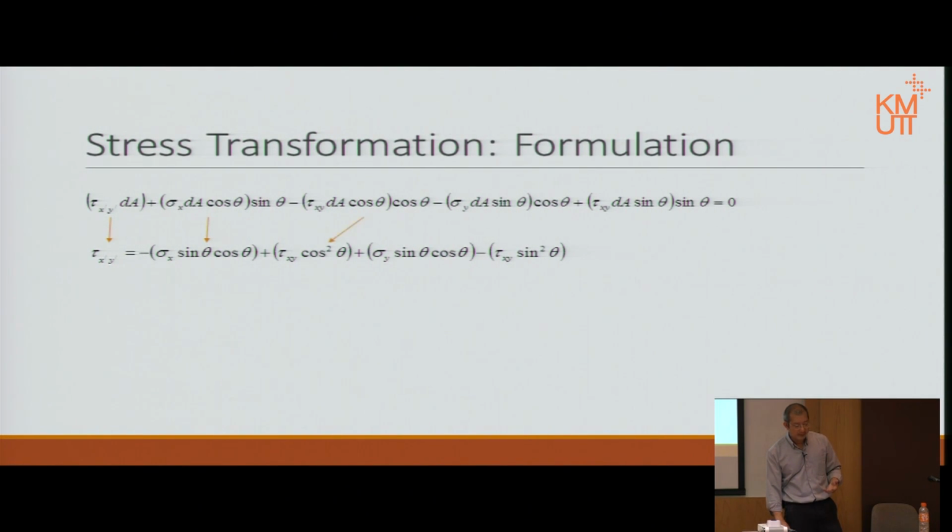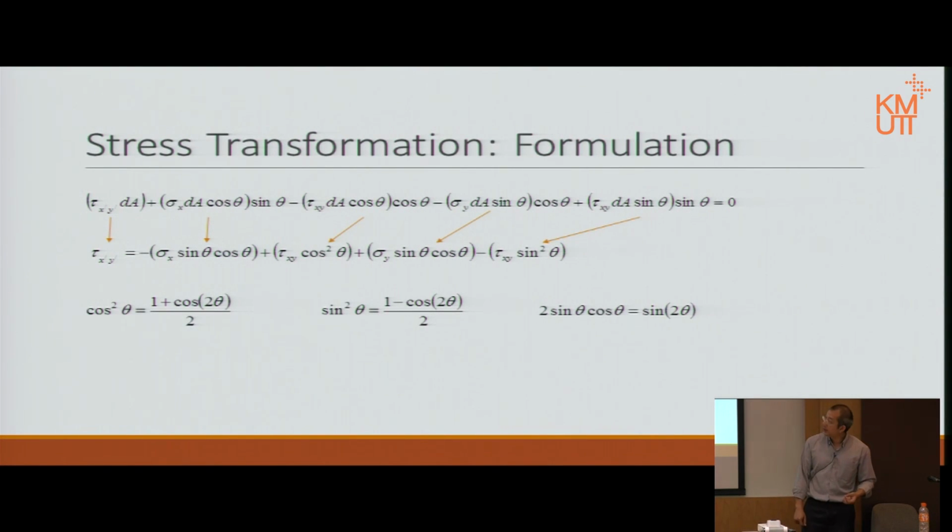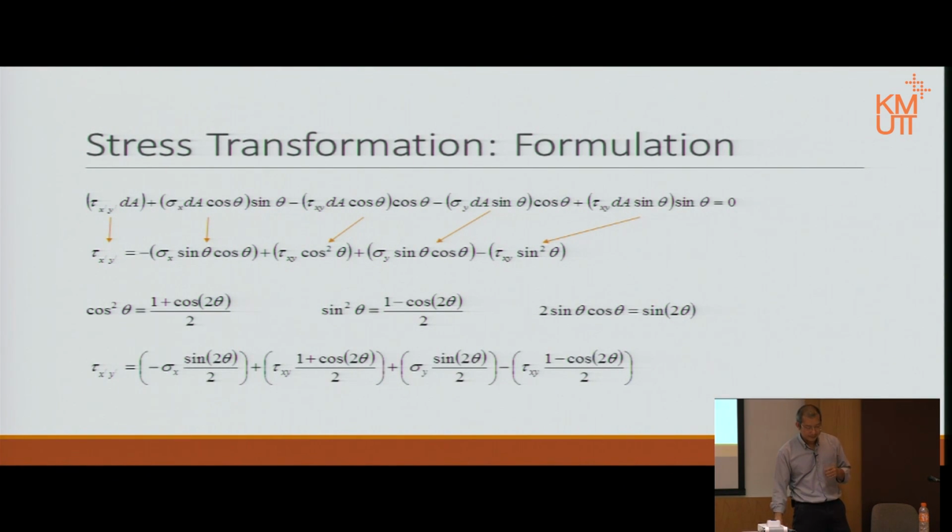Then of course, using the same set of equations we used last time, we can reduce the sine square, cosine square and sine times cosine into power 1 of sine and cosine. There we are.